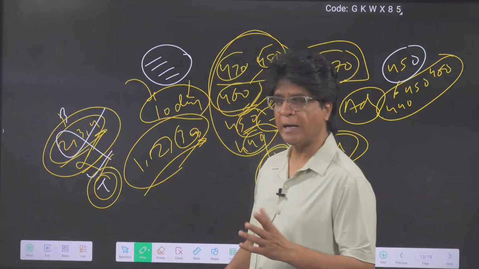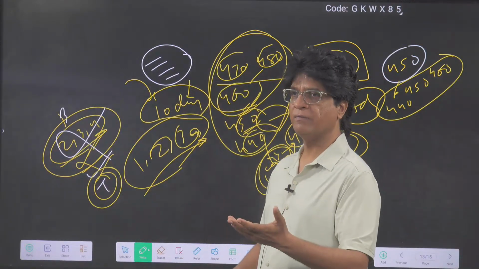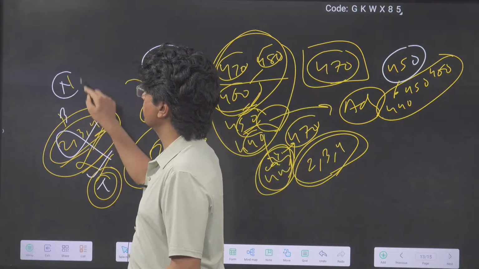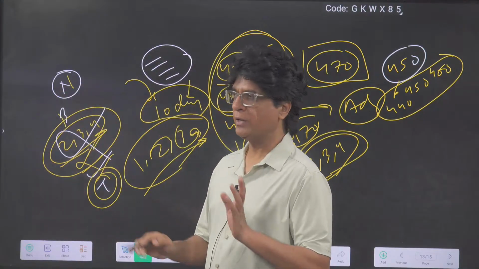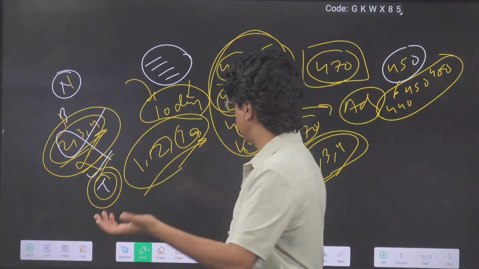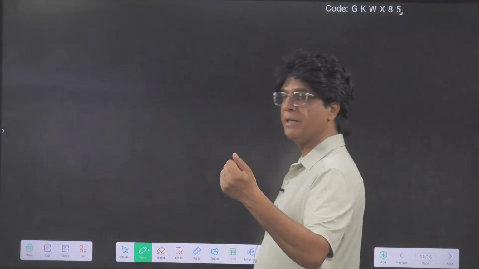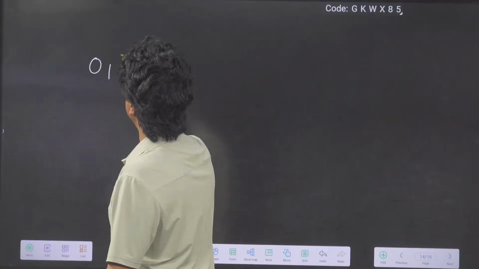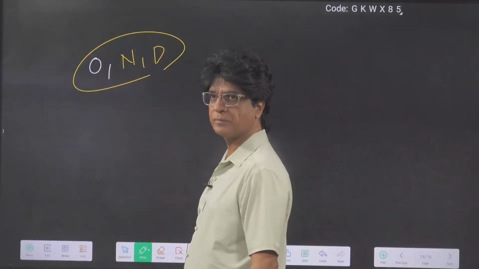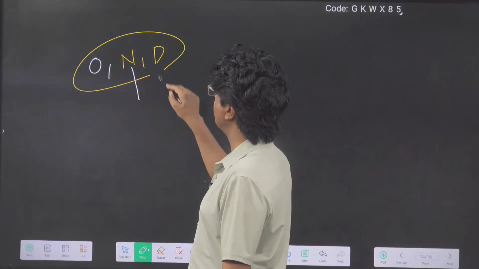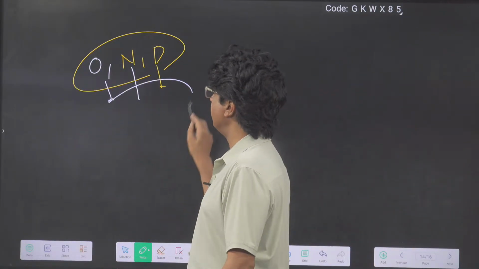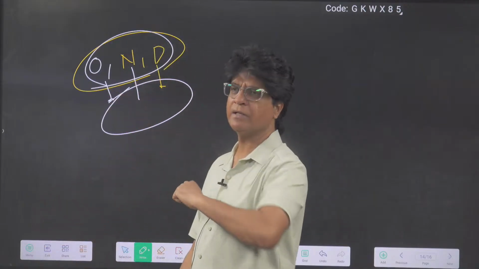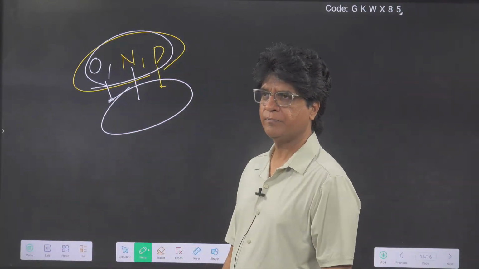In case something happens which is not in your favor this year, make sure that for next year you are very well prepared. I found many boys and girls who joined in October, November, December, and they were in deep trouble, because by this time the 11th class syllabus is almost complete.